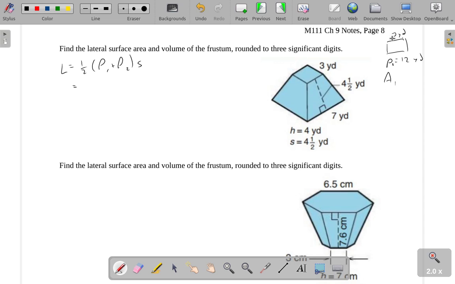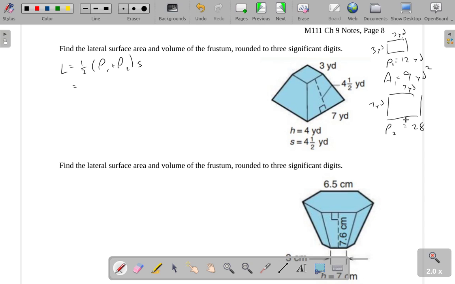The area of this top part, since this is 3 yards by 3 yards, would be 9 square yards. This bottom square looks like it measures 7 yards by 7 yards. So the perimeter here, I'll call this P2, would be 28.